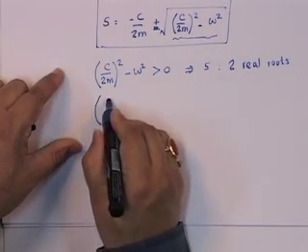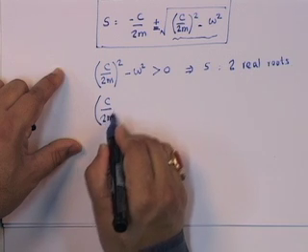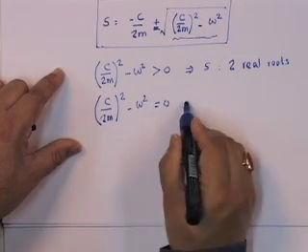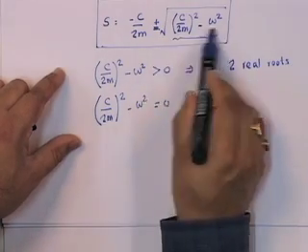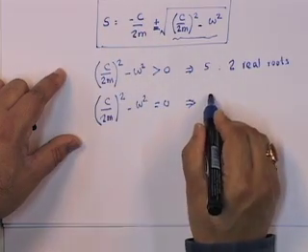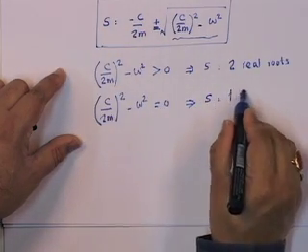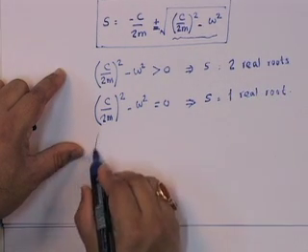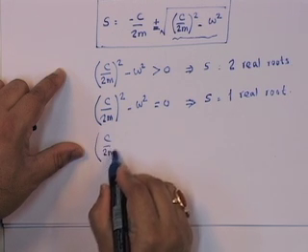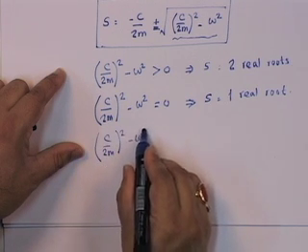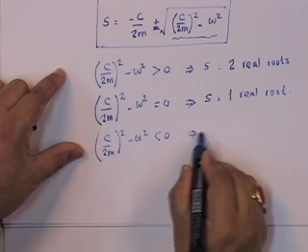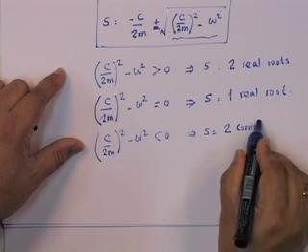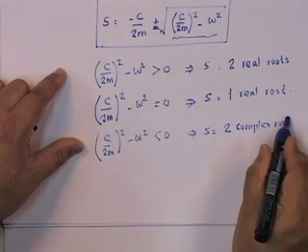If c upon 2m squared minus omega squared is equal to 0, think of it, this is 0. So, what you have is s has 1 real root, and if it is less than 0, then s has 2 complex roots.